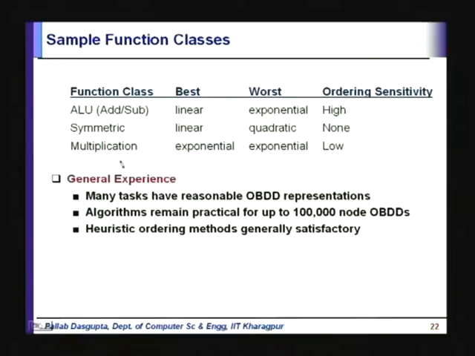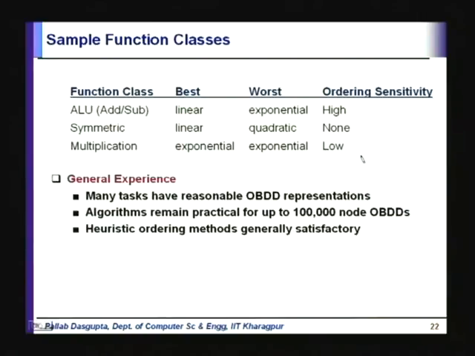For multiplication, the best one is exponential, the worst one is also exponential. So this is a class of functions for which BDDs really take a good beating, and the ordering sensitivity is low, because it does not matter what way you order it, you are going to get a bad BDD.